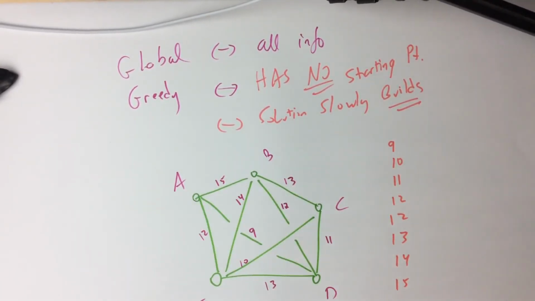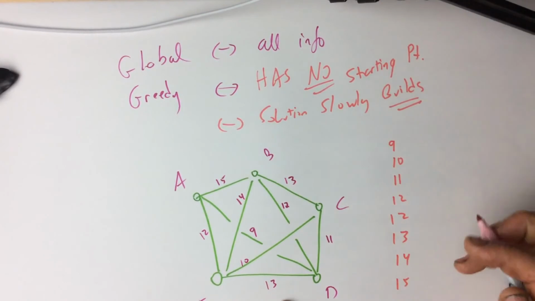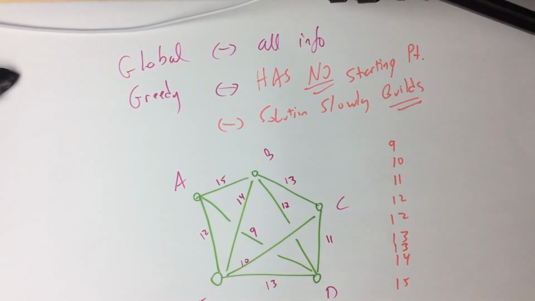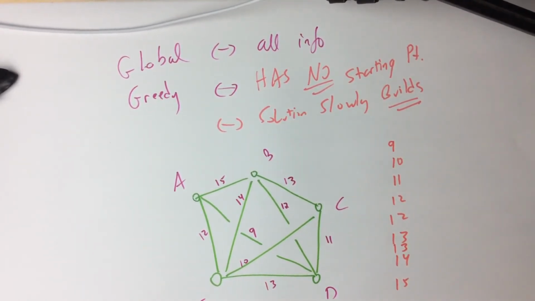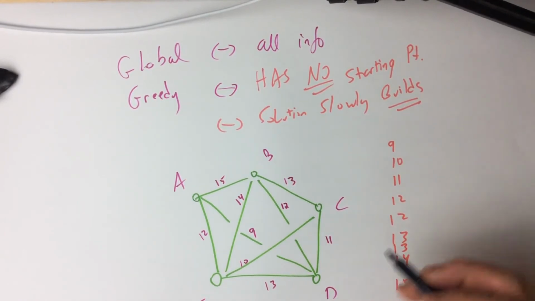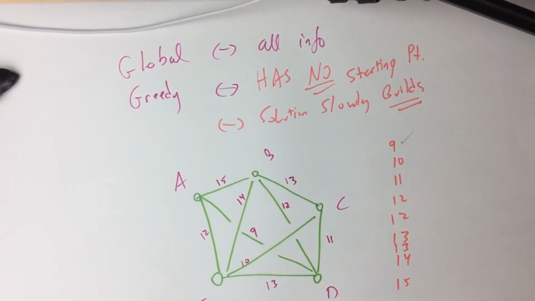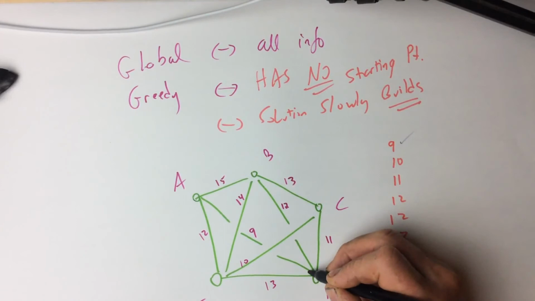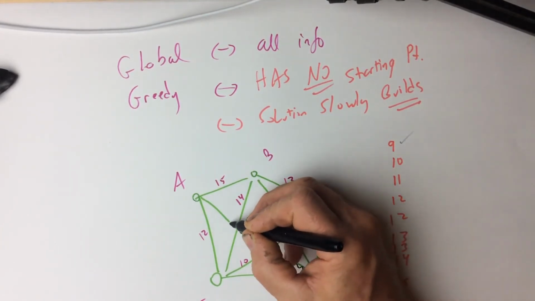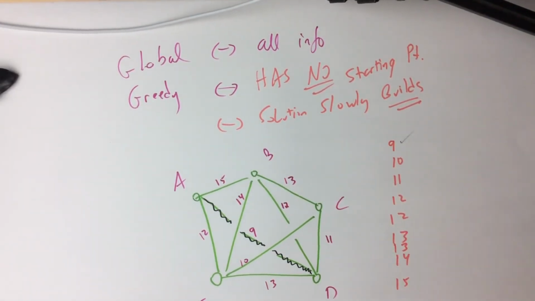I think I missed one. There's two 13s. Yeah, there we go. So I got all the edges in there. And this is how this algorithm now works. I hereby declare I'm going to use the 9, and I highlight it and say, when I finally go on this trip, I'm going to drive this route.